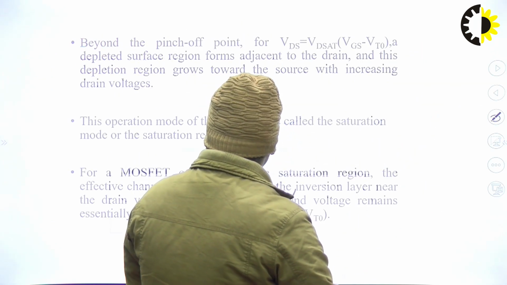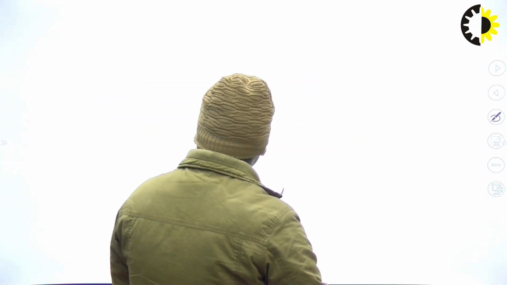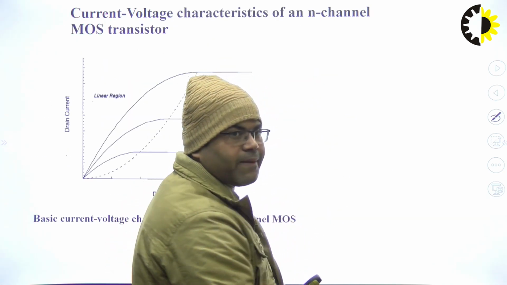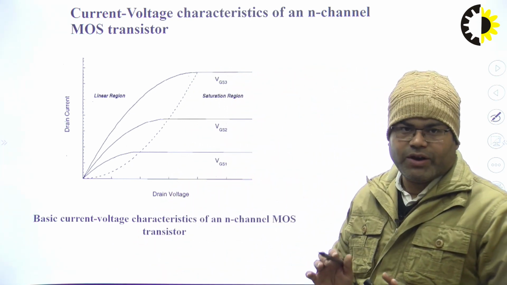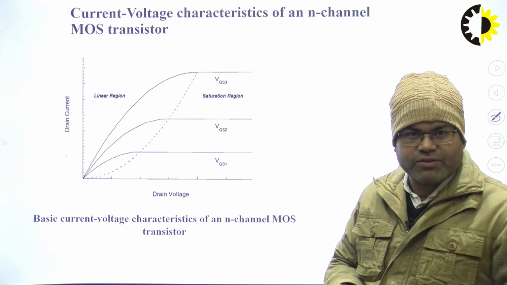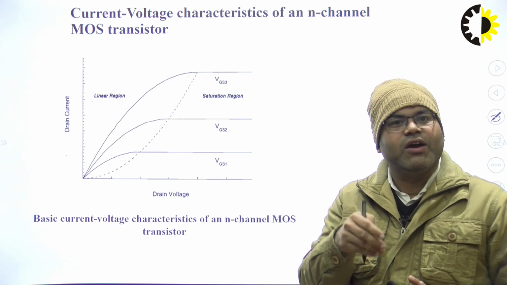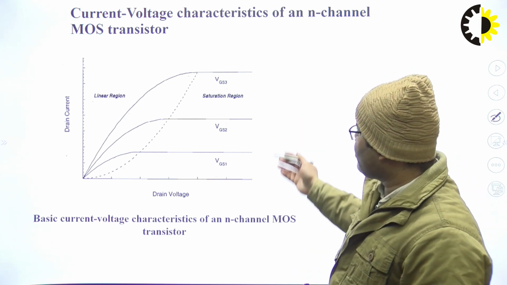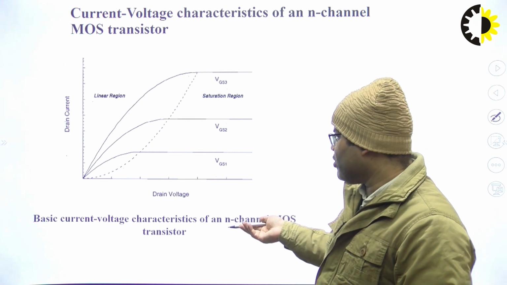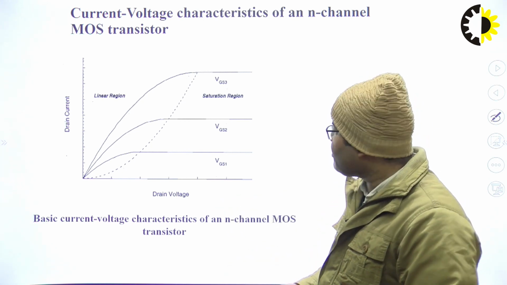So now come on to the characteristic curve. There are two controlling parameters. In fact, we have seen that VGS and VDS are two voltages which control the current between drain and source. So this is the basic current-voltage characteristic curve for an n-channel MOSFET, for an n-channel MOS transistor.